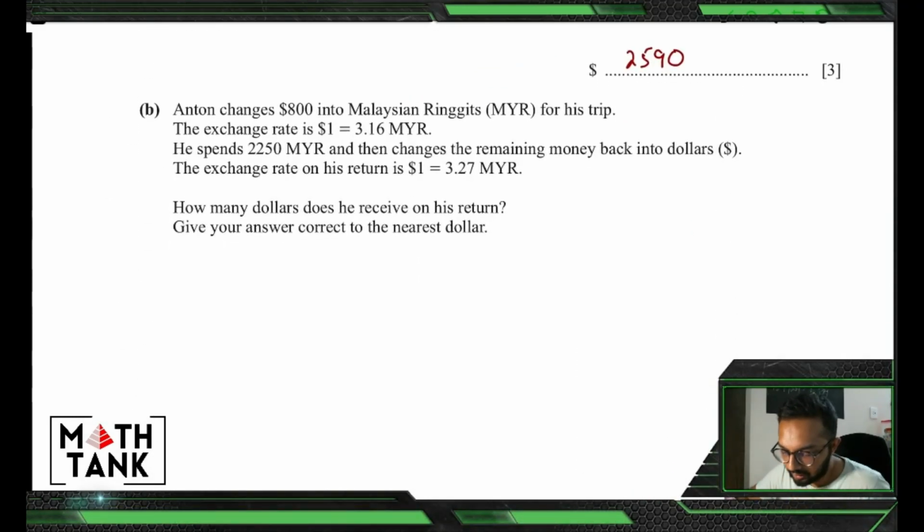Anton changes $800 into Malaysian ringgits for his trip. The exchange rate is a dollar is 3.16 ringgits, and he spends 2250 and changes the money back into dollars. Same question as we did before. Let's try to do that quickly. So $1 is 3.16, $800 is x, cross multiply.